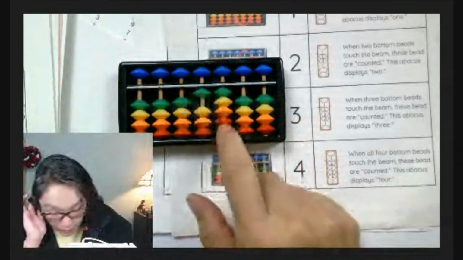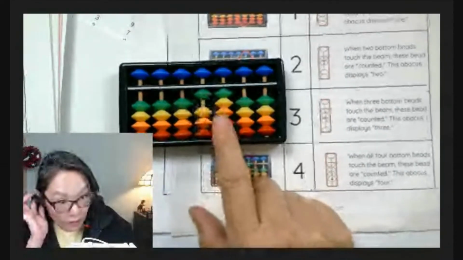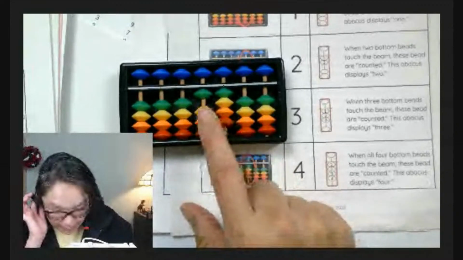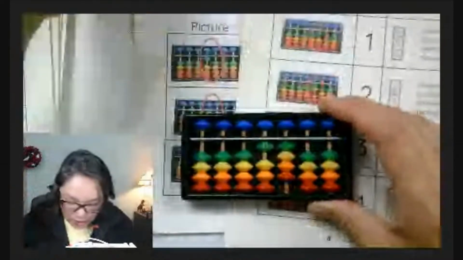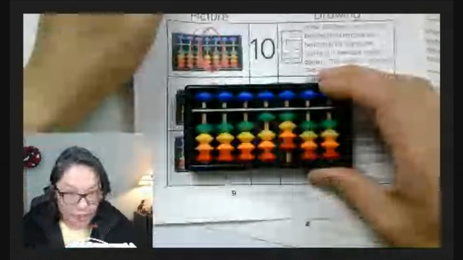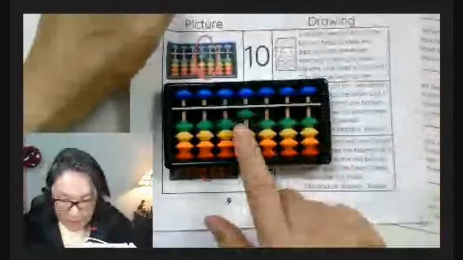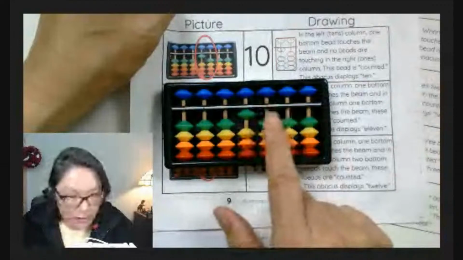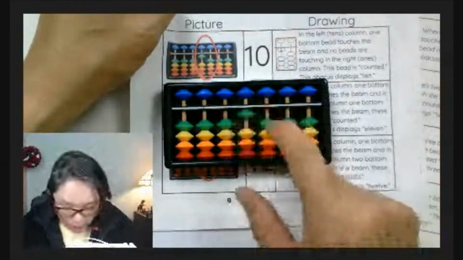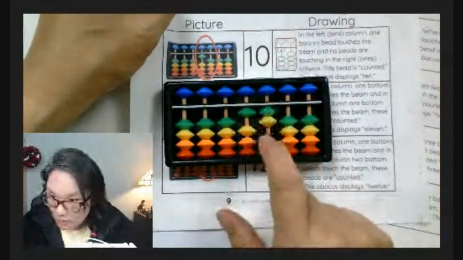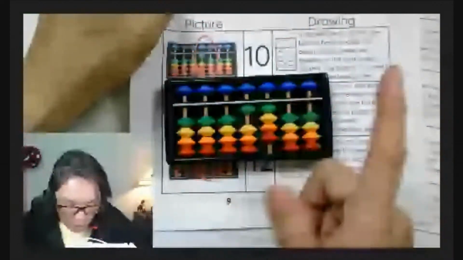So we have the 3 and the 1, and then we have 4. 4 and 1 is 14. Now, how do we know what the numbers are? Well, when we look at it, we have the 10. This is the 1 and the 0. The 0 is like a placeholder. We do 11, then 12, 13, and 14. Well, what's after 14?